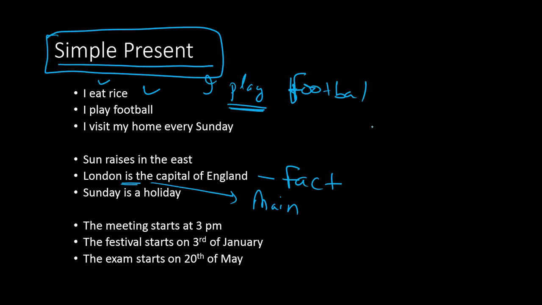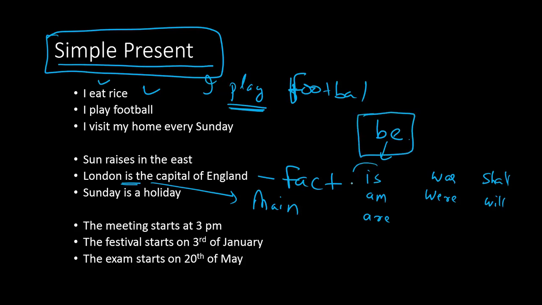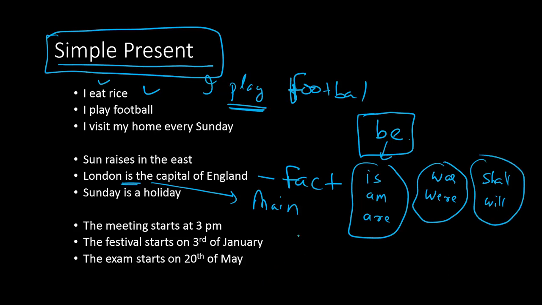Okay, so be is actually a main verb, and be has various forms. So it is: is, am, are in the present, was and were in the past, and shall and will in the future. Okay, so be is the main verb, and it has various forms that can be used in different types of sentences based on whether it's present, past or future.